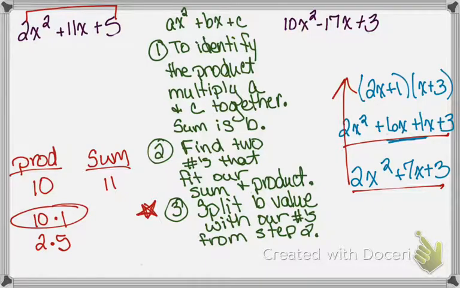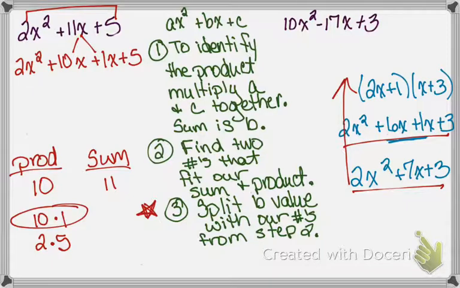Okay? So this right here, number 3, I am splitting this. So I'm going to have 2x squared plus 10x plus 1x plus 5.